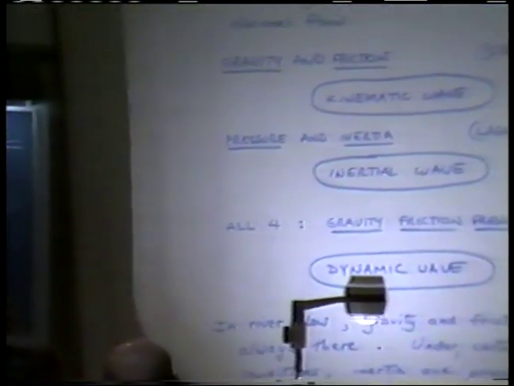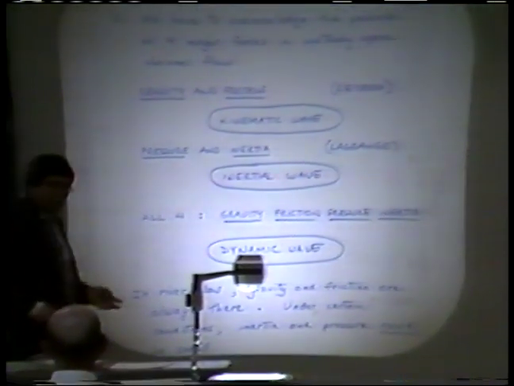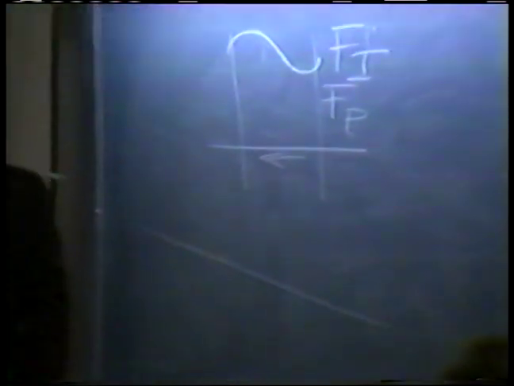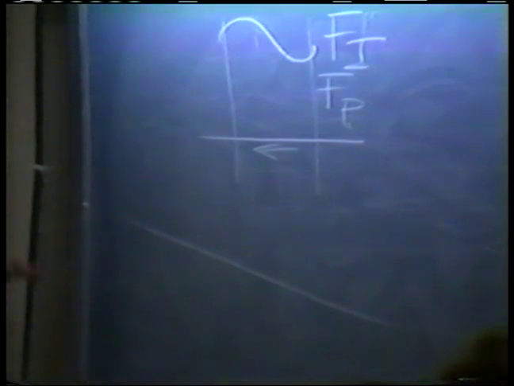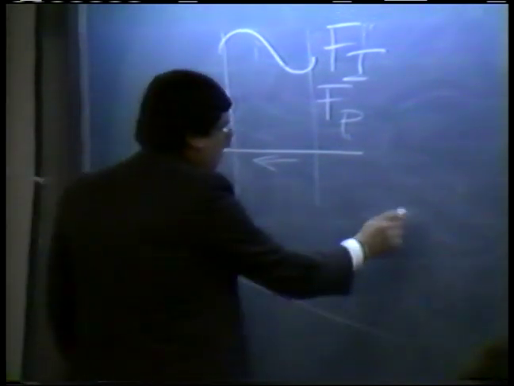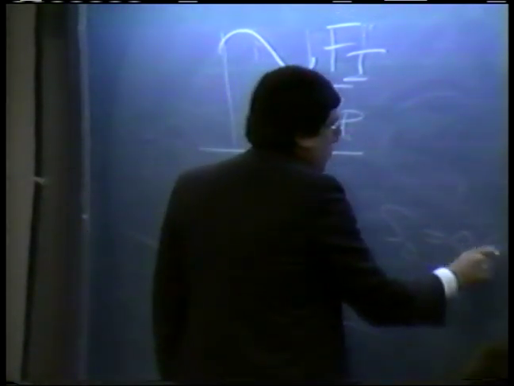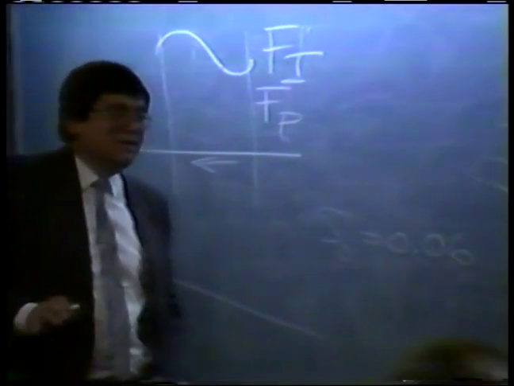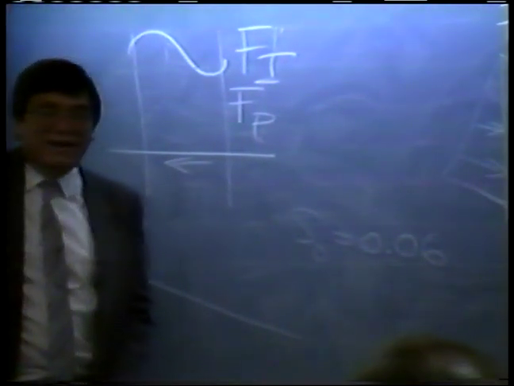So in river flow, gravity and friction are always there. Why? Because in inland river flow, we always have a slope, no matter how small it is. You can say in the mountain rivers, I believe you would agree with me, 6% is about as great as it is going to get. Very seldom does it go above that.